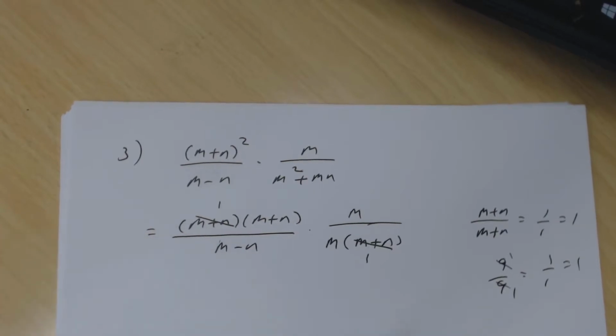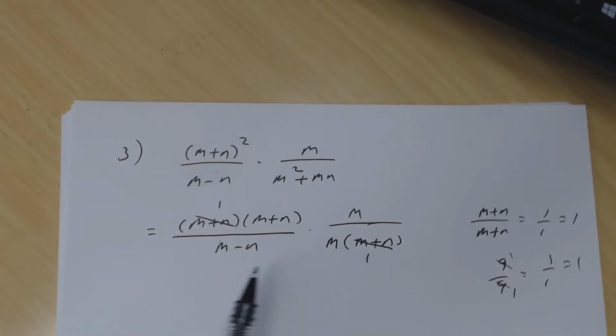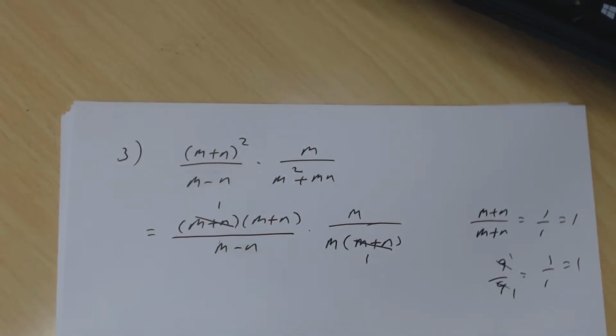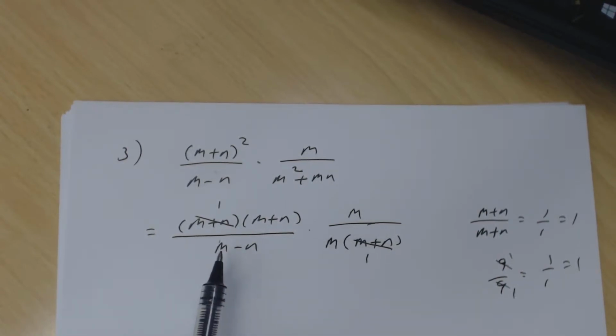All right. Okay, now my next factor is m plus n. Do you see an m plus n occurring as a factor down there? No, you don't. Now, it's not this one because that's m minus n. Now, my next factor is an m. Do you see an m occurring as a factor by itself down there? The answer is yes. It's this one, not this one, because this is not a factor of m.